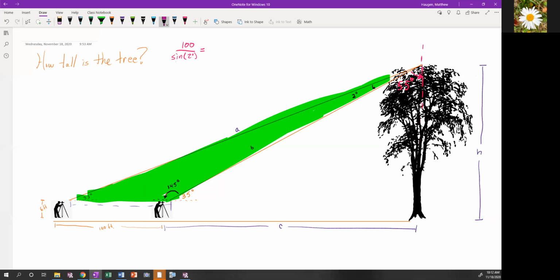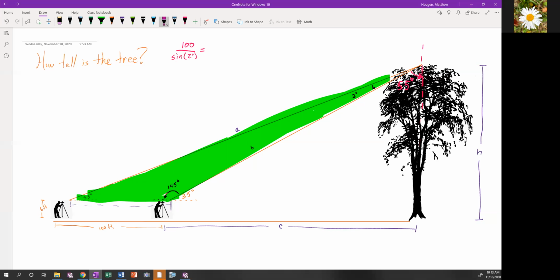To find the long side first, then the smaller side. Actually, whichever one you want. Which one do you want? Are we still allowed to use sine, or do we have to switch to cosine? As long as we have an opposite pair, we can use law of sines. Since you've identified your opposite pair, we can stick with sine.